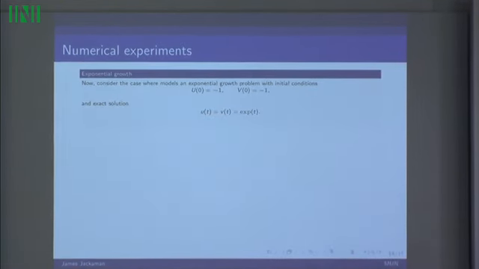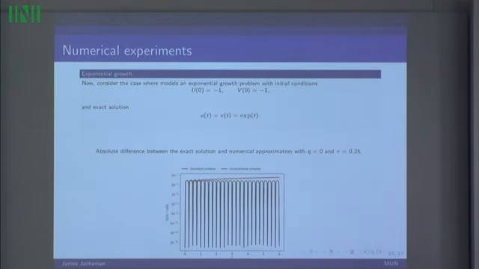So we'll go to the second, which is the case where we're thinking of modeling exponential growth. Our exact solution is just an exponential, and here we look at the standard scheme in red and the invariant scheme in black. You'll notice that the error for the standard scheme is increasing over time, but the error of the invariant scheme is not growing.